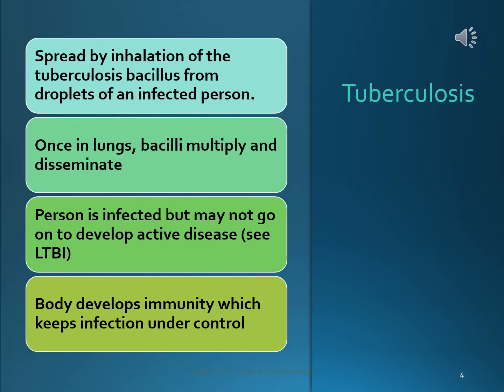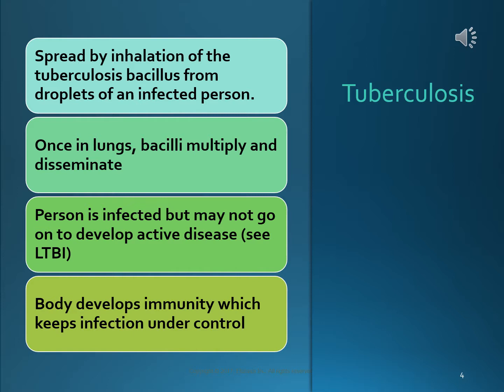So this is a person who has been infected, but they may not go on to develop active disease, and this is known as a latent tuberculosis infection, or LTBI. Only about 5 to 10% of the infected people in the U.S. actually develop the disease. And even then, it may not develop for many years.